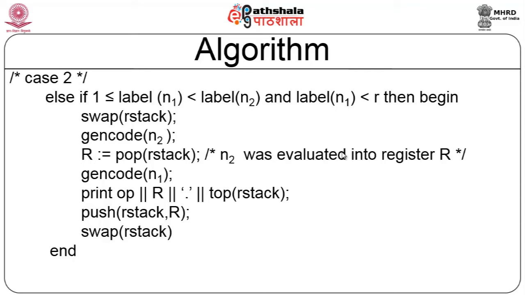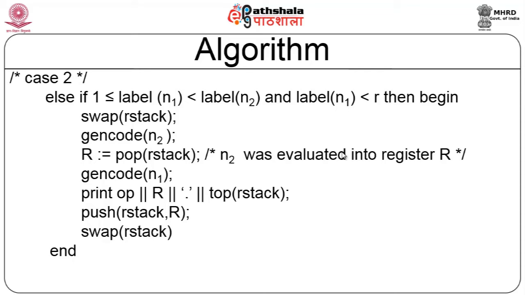This is one more, and then I have to push this back onto r stack, and then I have to swap. Swapping ensures that n1, which was being computed, is available at the top of the stack itself. So you first swap because n2 is heavier. n1 is typically computed at the top of the register, and therefore I have to swap. And the second thing is I have to compute n2 completely using the same gen code algorithm, and then pop this register.